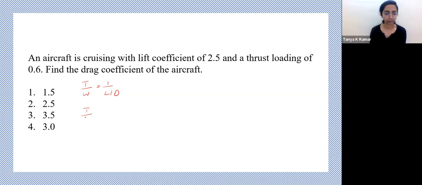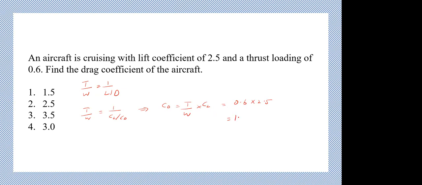T by W is 1 by CL by CD, so CD equals T by W into CL, right? T by W 0.6 into 2.5, which is 1.5.